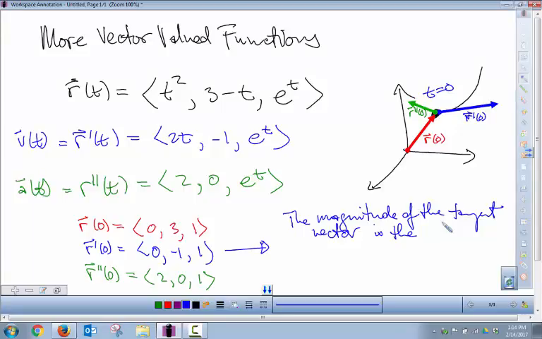A scalar, right? And a positive scalar at that. So this is, if you refer back to Calc 1 or Calc 2, when you were doing the projectile problems, you said the velocity, which was synonymous with speed back then.